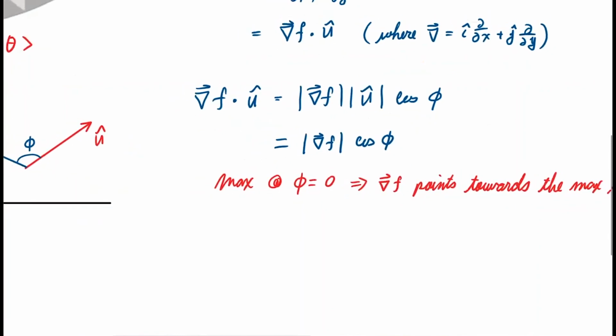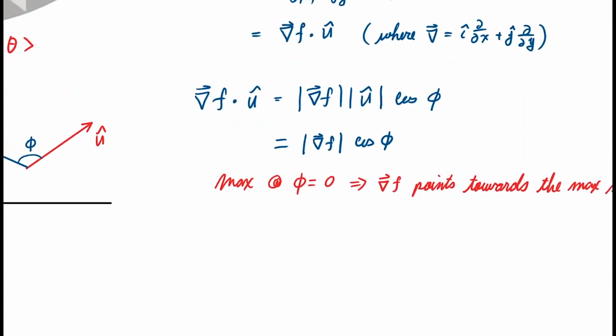And I'm going to give you a couple more notations. The del gradient vector in 3D, of course, looks like this: i partial with respect to x plus j partial with respect to y and k partial with respect to z.